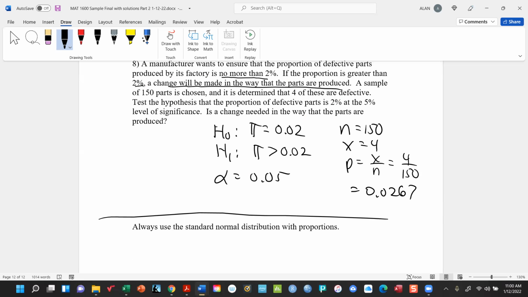So far we're kind of nervous. It looks bad. But we have to prove whether or not that's enough evidence to suggest that we should change the way we manufacture these parts. So, okay, hold on one second.